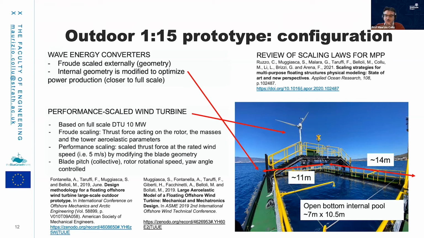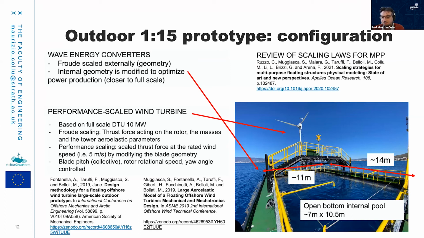They have access to a region of the sea where they can do experiments. And we thought this is ideal for our project. So you can see on the bottom right, a 1 to 15 scaled down model that has been installed early March and is going to be there until October, through which we are going to do experiments in real sea conditions. So we are not able to control wind, we are not able to control the waves. Everything is happening as nature says.